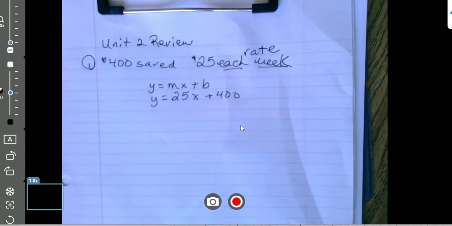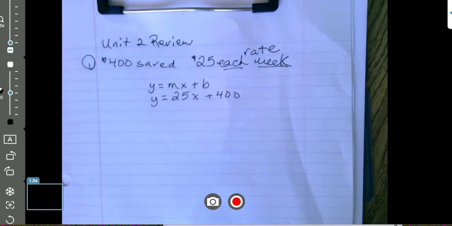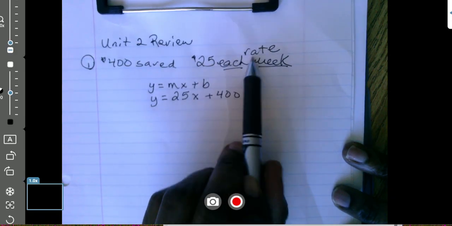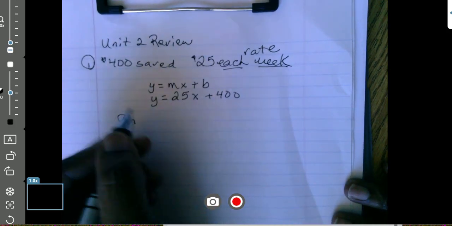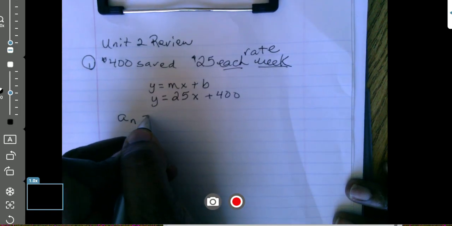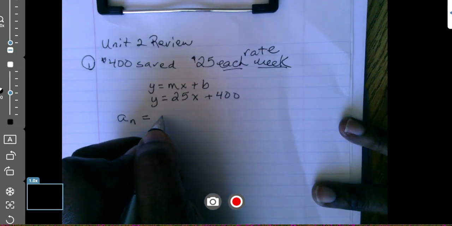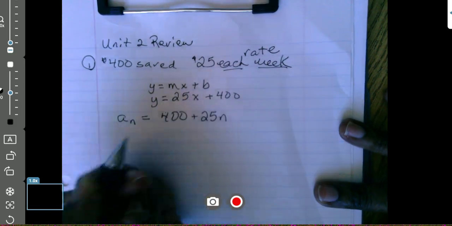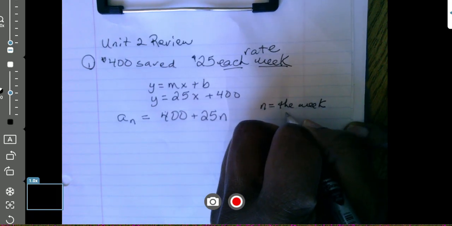Now, the actual test question that we are studying is worded as such. All right, so you have $400 saved, and you're saving $25 each week. The function that represents this is a sub n equals 400 plus 25n, and n is the weeks that she saves.